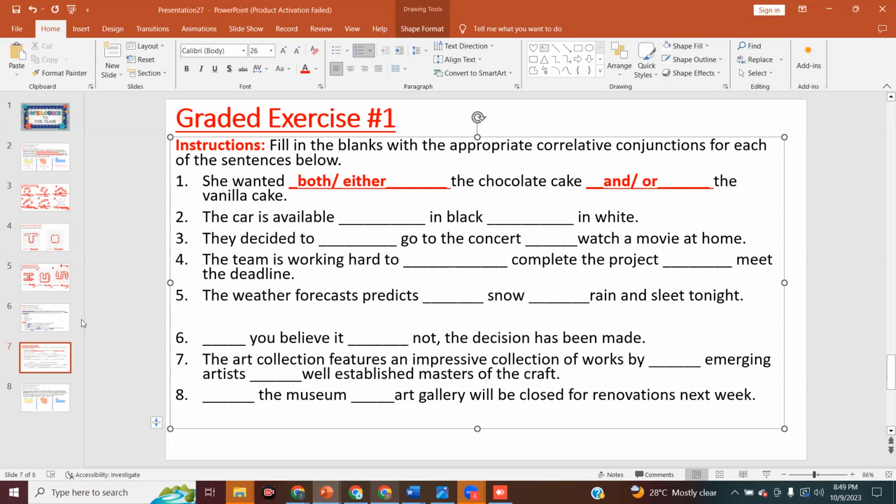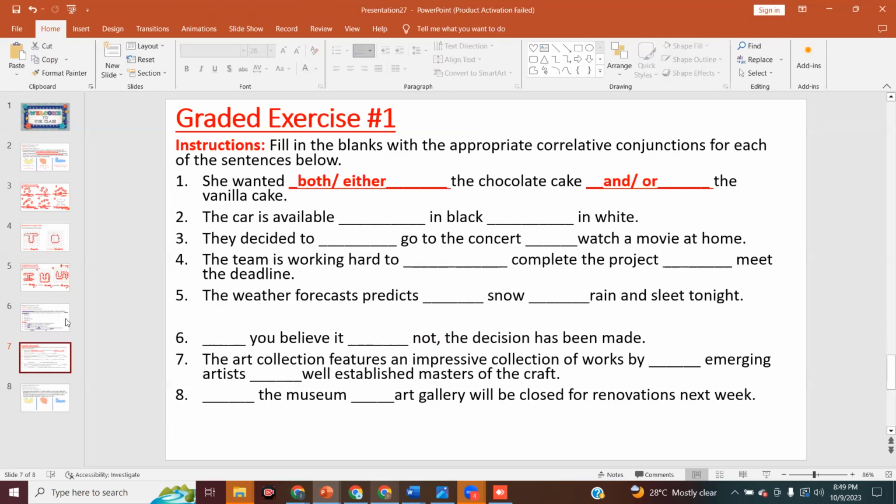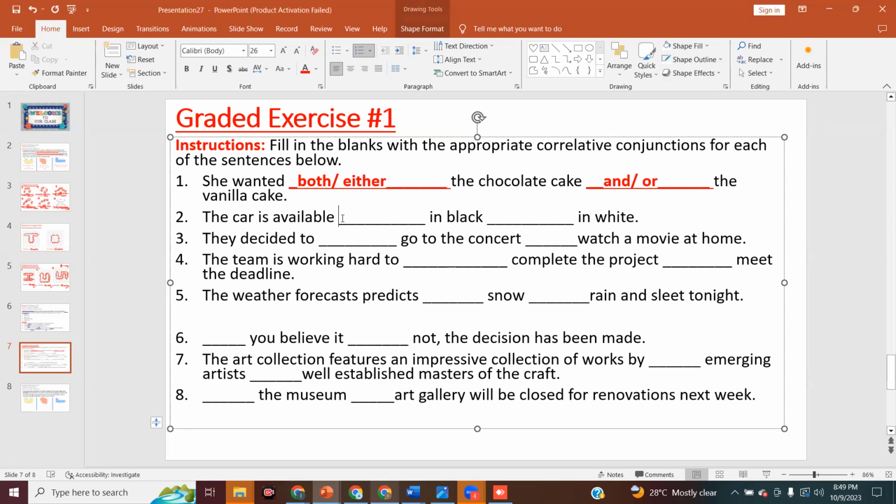The car is available not only in black, but also in white. I like that one. You can also have the car is available both in black and in white. So both could work as well.